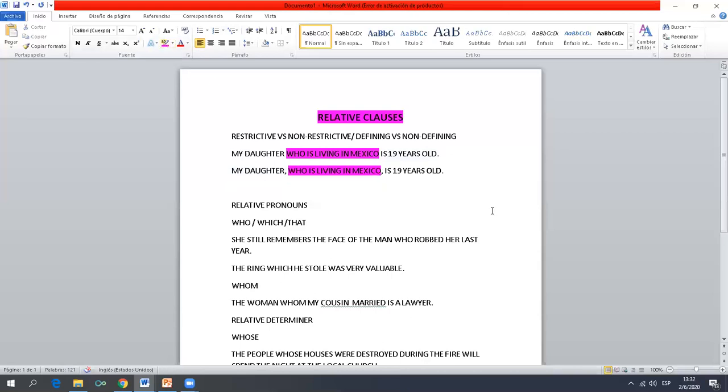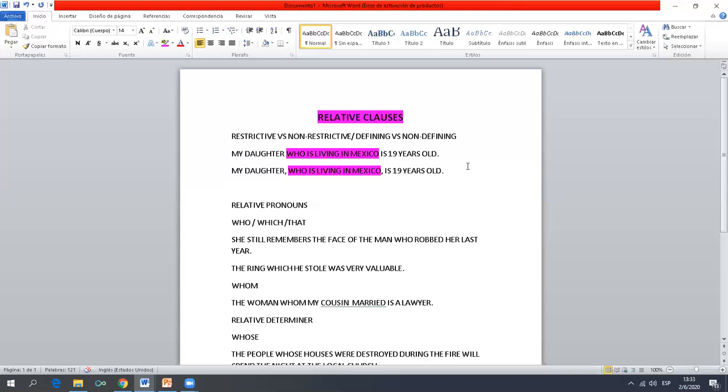Now, let me tell you that relative clauses are very frequently used because they help us join two sentences into one. Probably if you remember when you first heard about relative clauses, most probably the exercise you did was joining sentences.